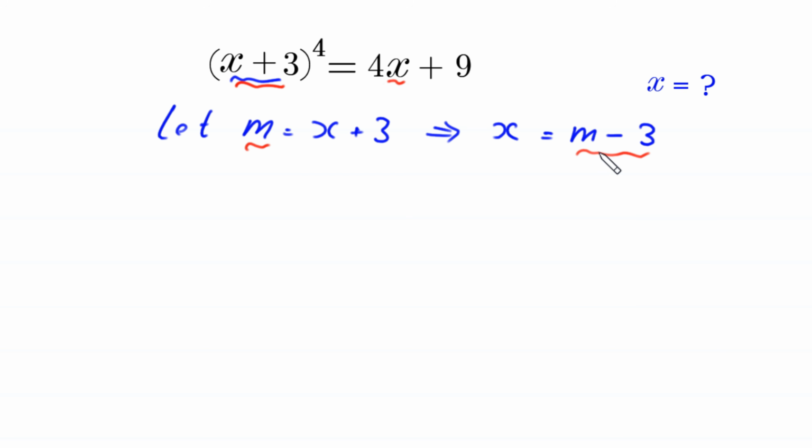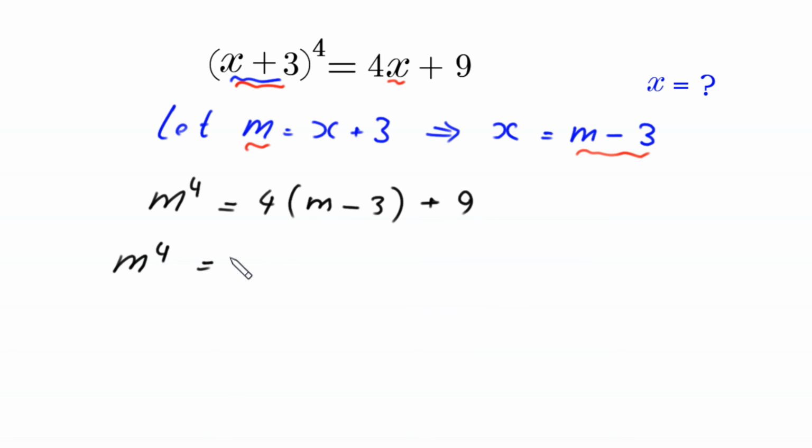Then this equation will become m^4 is equal to 4 times (m - 3) + 9. Next, m^4 is equal to 4m, and 4 times negative 3, negative 12, plus 9.